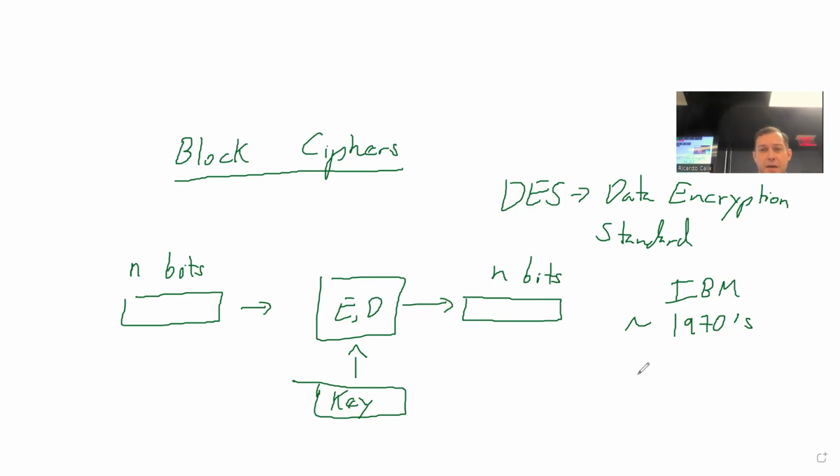Around 1997, DES was broken by an exhaustive search, okay? And then in 2000, around that time, AES was adopted, and this is still used today, 25 years later, as the methodology for symmetric encryption. Now, you may find something called Blowfish or other funny names for different things, but inside it's AES.